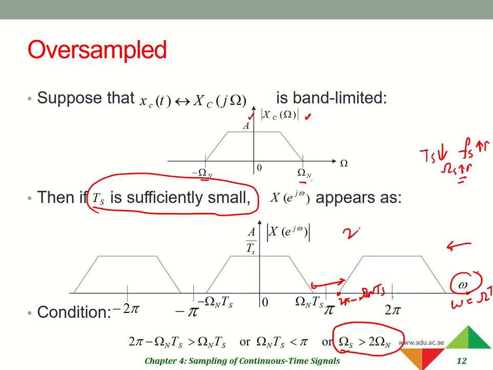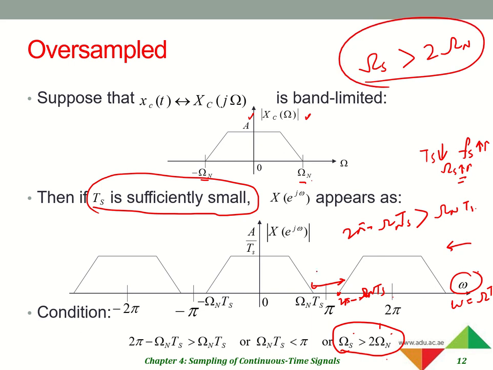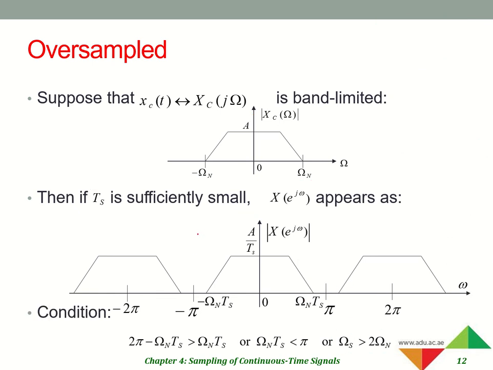If we simplify this, 2 pi minus omega n times Ts is greater than omega n times Ts. Finally we get that omega s is greater than 2 times omega n. So when the sampling frequency is greater than 2 times omega n, we will have space between the samples, and in this case we can easily reconstruct our original signal.